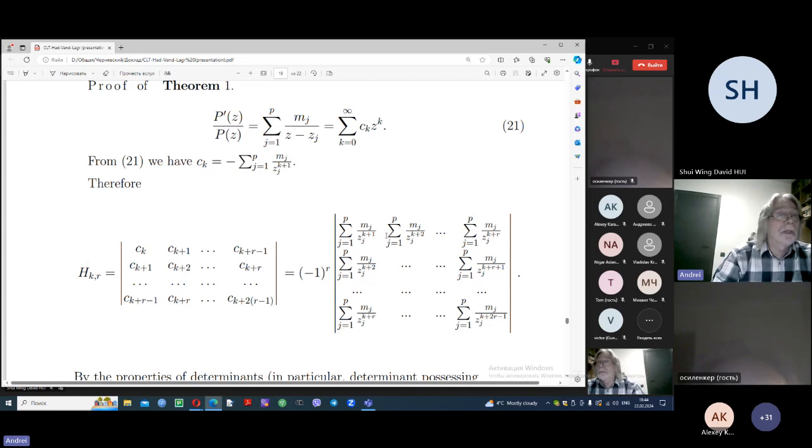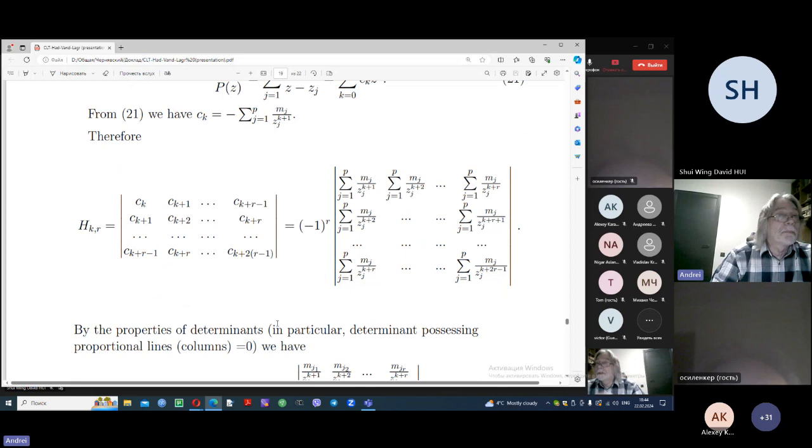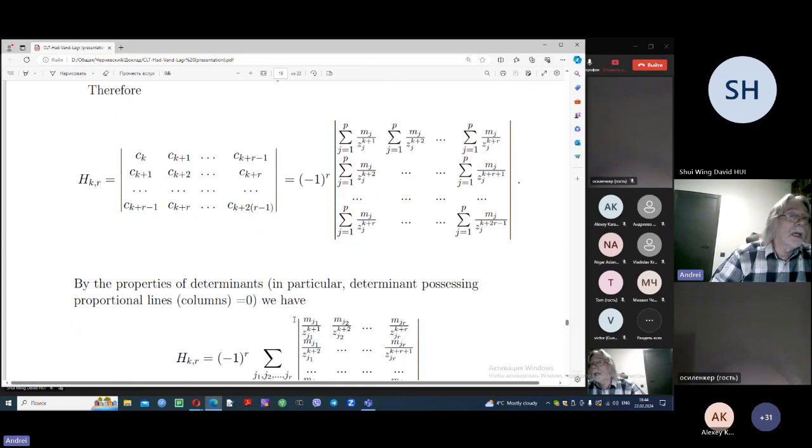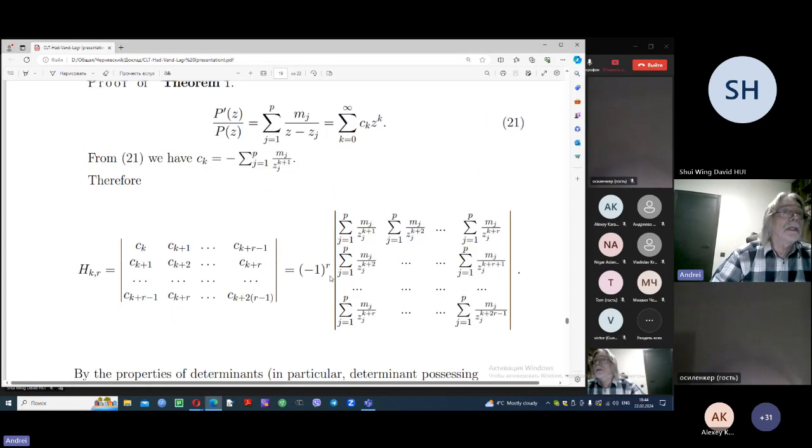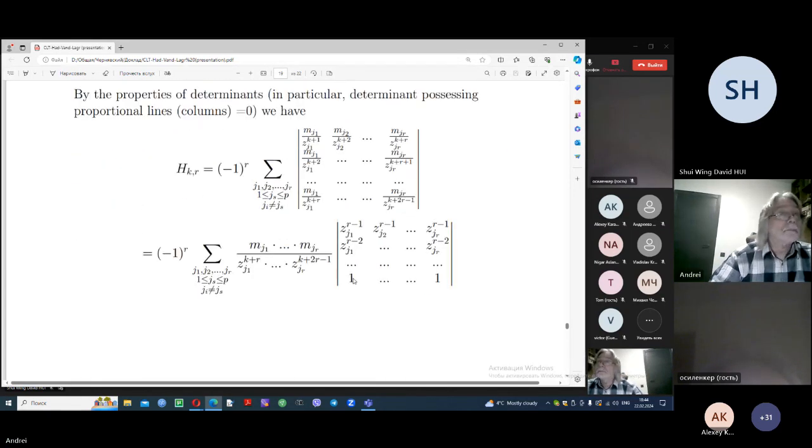Simply using the property of determinants, namely that a determinant with proportional lines or columns is equal to 0, we can calculate it, and we see that in the end it is equal to what was written.